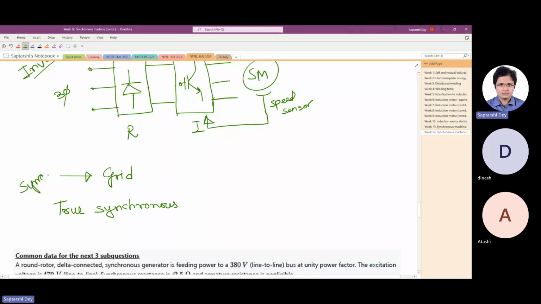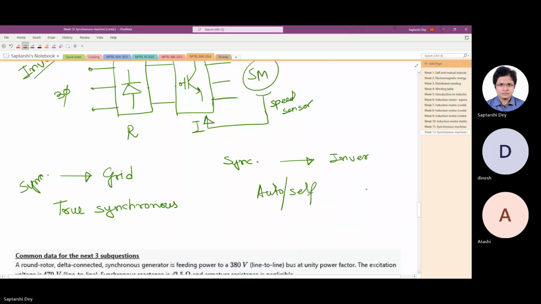Synchronous machine, PMSM, BLDC, switched reluctance machine, synchronous reluctance machine, all of them are actually synchronous machines. Any synchronous machine connected to or driven by the inverter circuit that is definitely having a position sensor is an auto or self-synchronous machine.